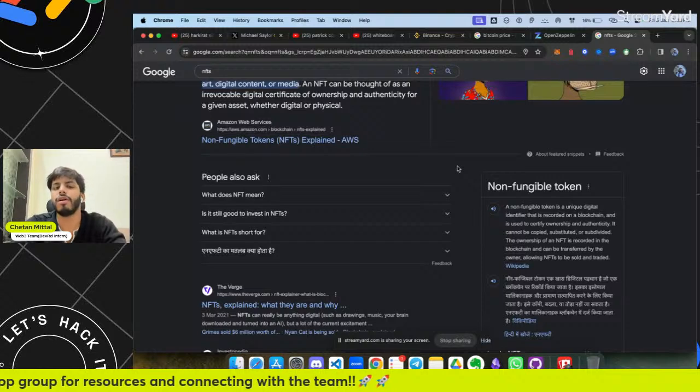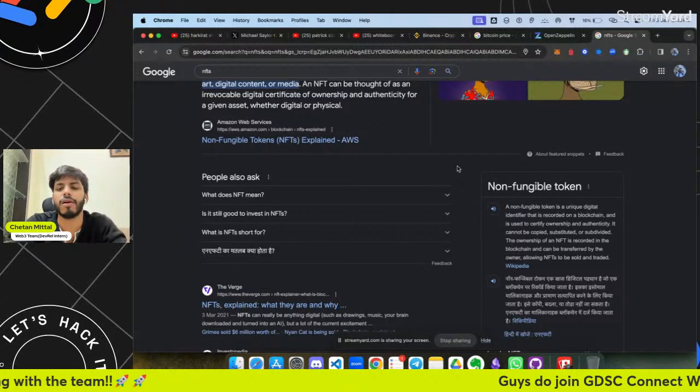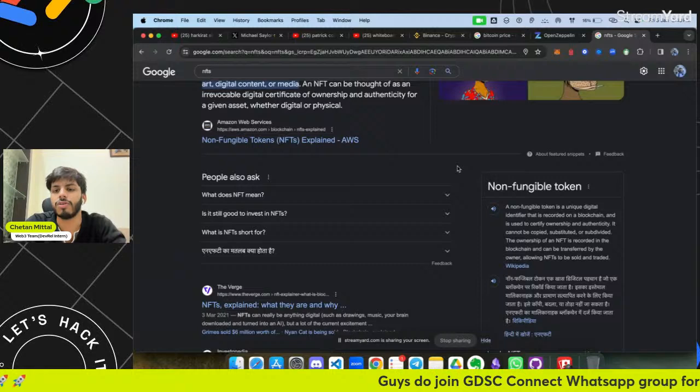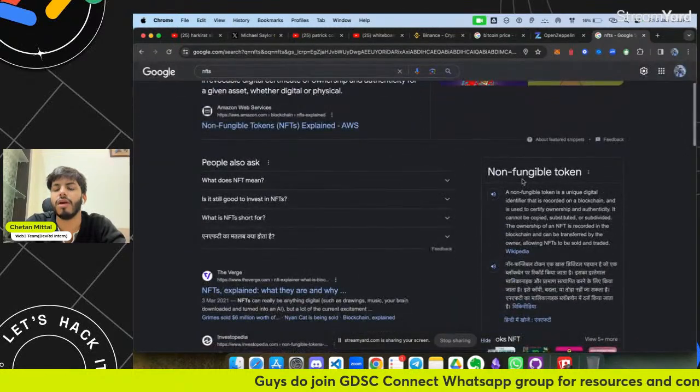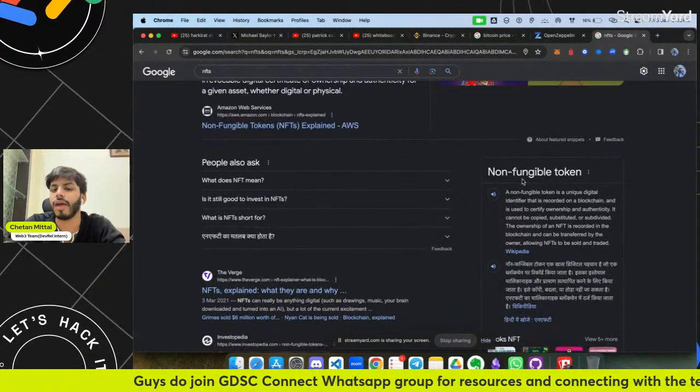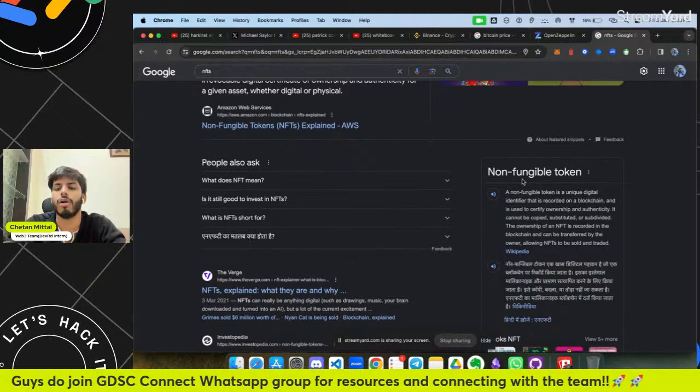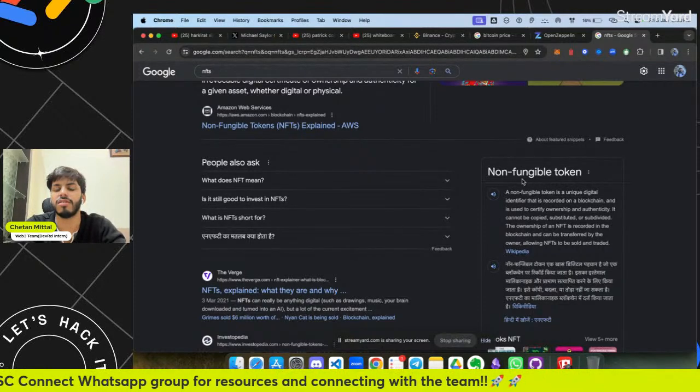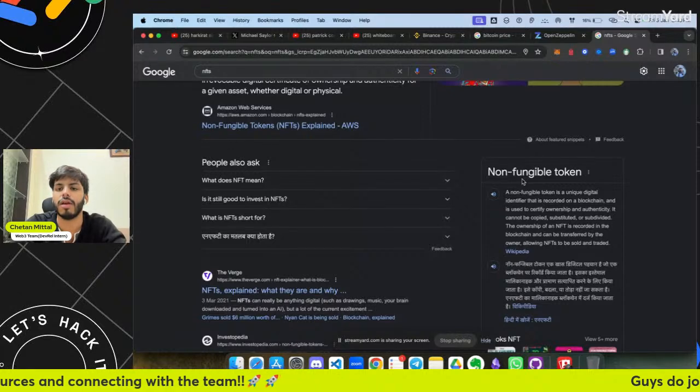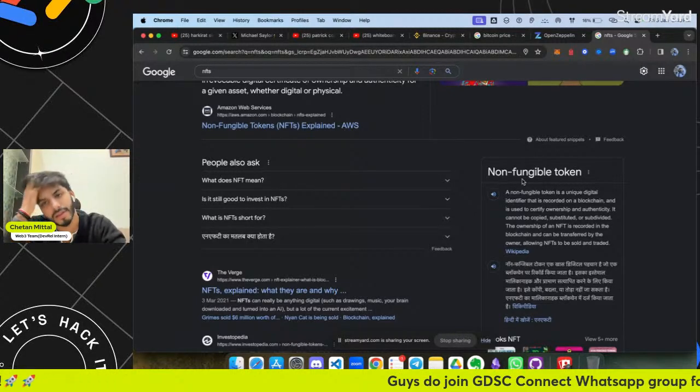The only value it had in actuality was that it was quite unique compared to the other cards. So non-fungible tokens are something where you get a token and that token can store a lot of data. Like your personal data, for example, right now the Aadhaar card is something where QR codes are made, and that QR code, the Aadhaar ID, is linked to you. Only you are the owner of that Aadhaar ID.